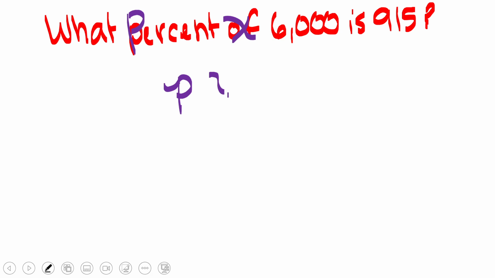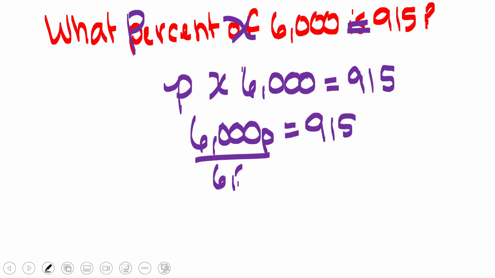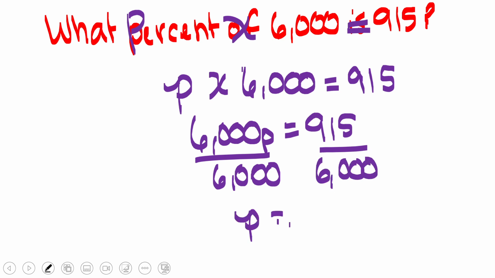Of is multiplication, 6,000 is equals 915. That looks like 6,000 p equals 915. We're going to divide by 6,000 both sides algebraically. And we're going to get p equals 915 over 6,000. That is a division problem.